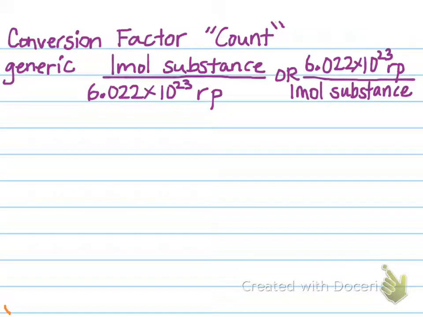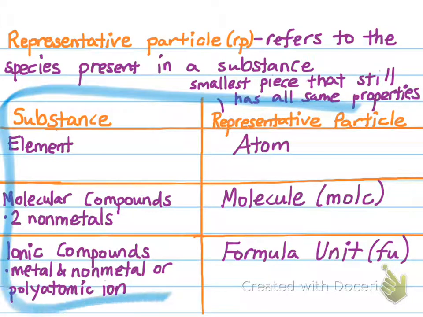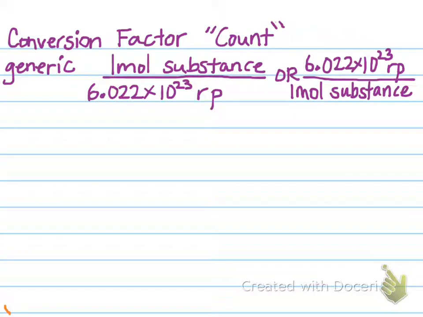This is the generic one. By generic, I mean that if you remember this chart, you can just remember this one conversion factor. However, what I have found is most people prefer to write the specific conversion factors. Now, for the specific ones, I'm not going to write them both ways.